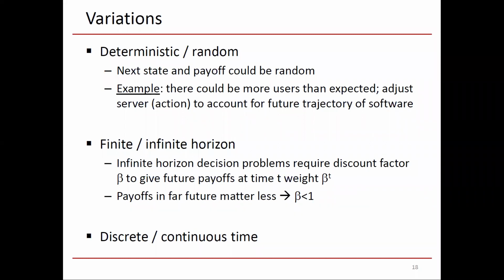For example, the number of users might be varying, and our action is to adjust the server to account for a possible future trajectory of the software where the number of users is unknown. Therefore we can optimize maybe the expected case or the worst case or the 73rd percentile case, but it's not deterministic.